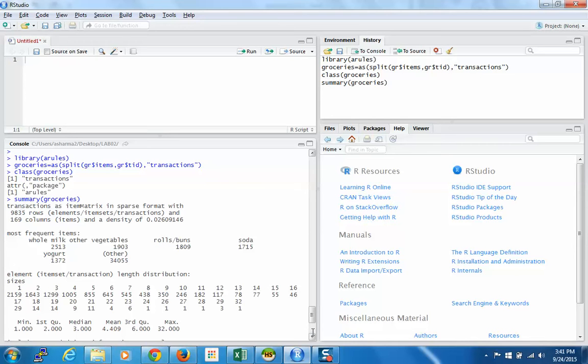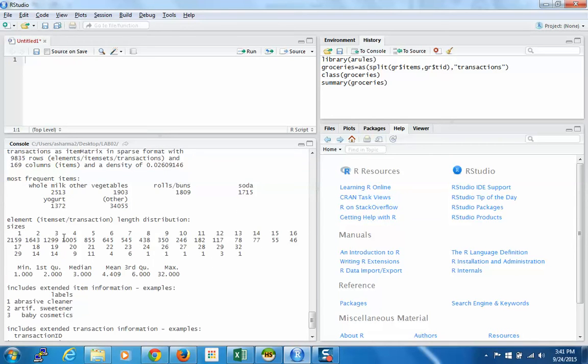Thereafter, we have more information about how many baskets there are with just one item in them. How many transactions were there where only one thing was bought? There are 2,159 transactions where only one thing was bought. There are 1,643 transactions where two things were bought. There are 1,299 transactions where only three things were bought.